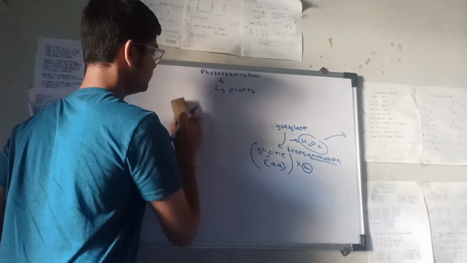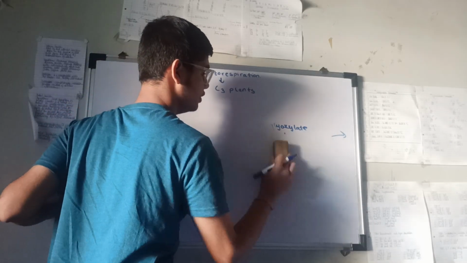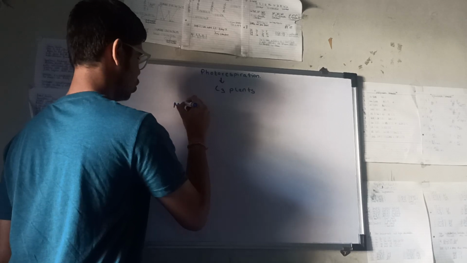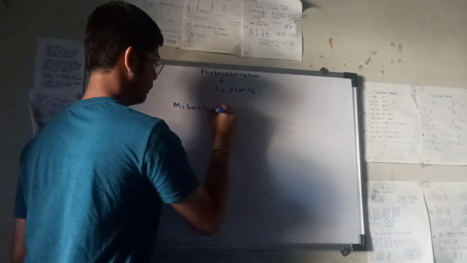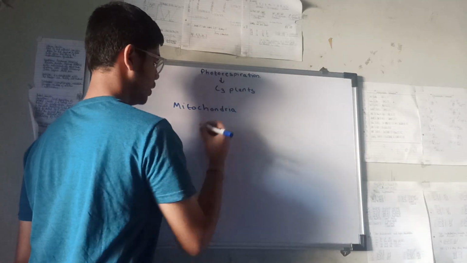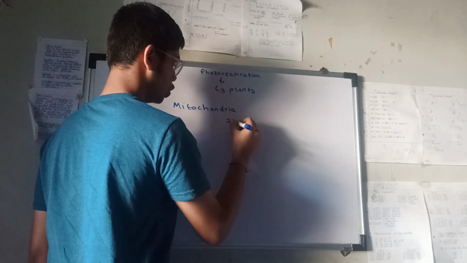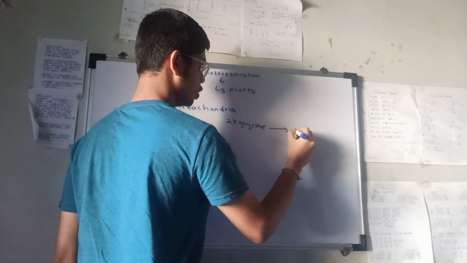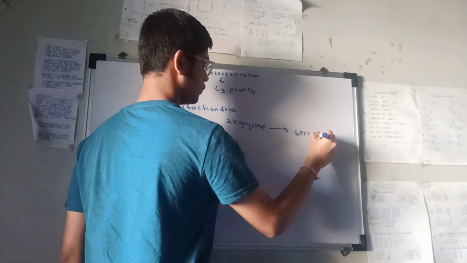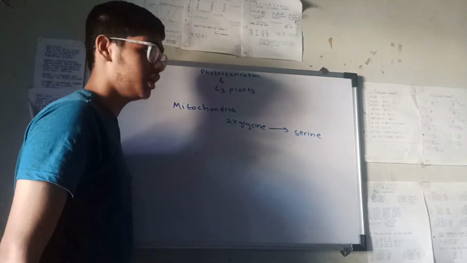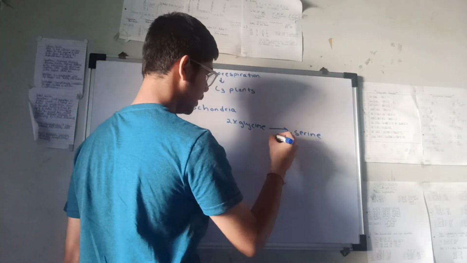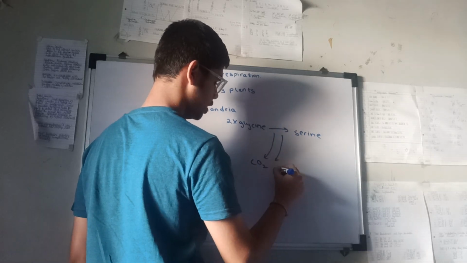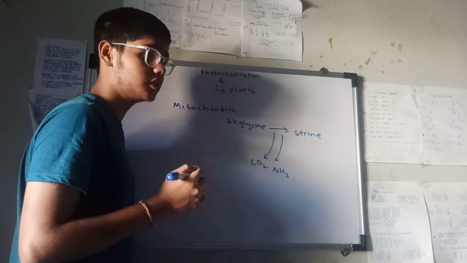Be careful. Here I am drawing another organelle, mitochondria. These two glycine are getting converted into one serine. Keep in mind, the carbon dioxide is lost, the NH3, that is the amine group, is lost.